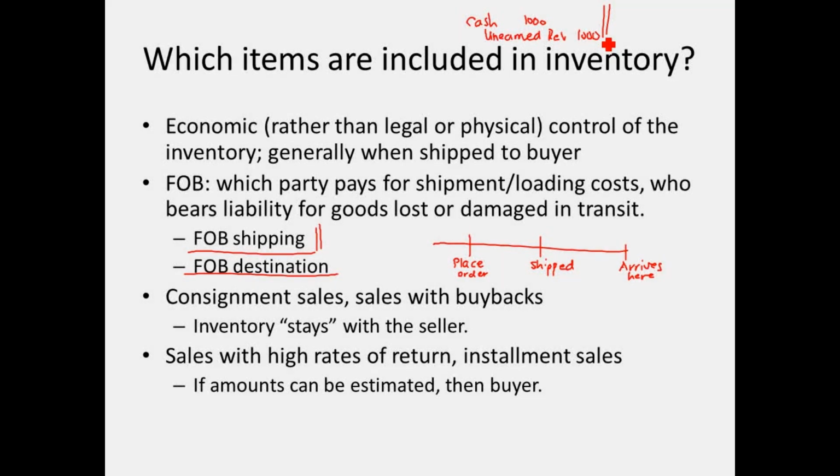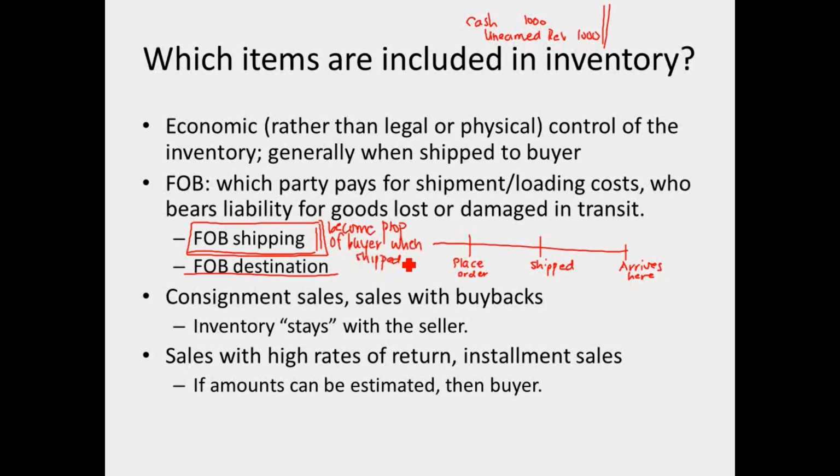I bear the cost. So if they were to blow up along the way, I would bear the cost of them. So as soon as they're shipped under FOB shipping terms, they become the property of the buyer when shipped.